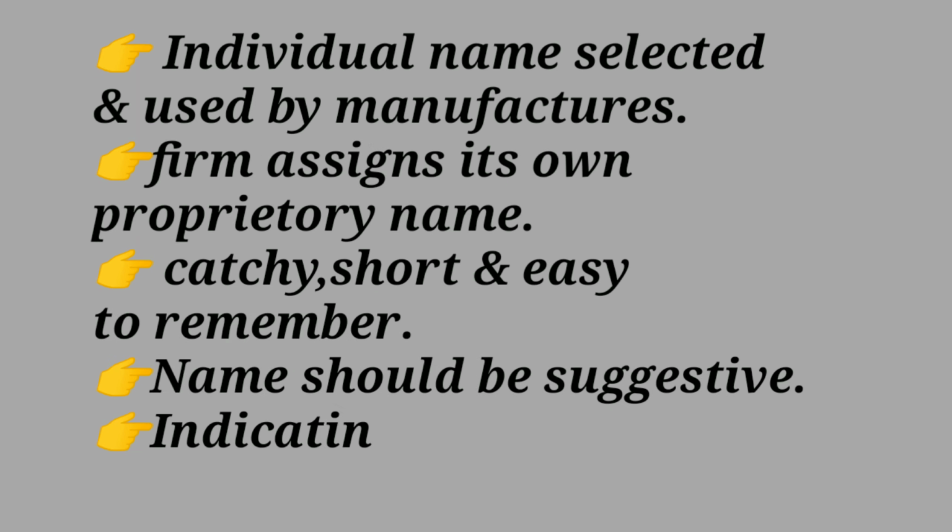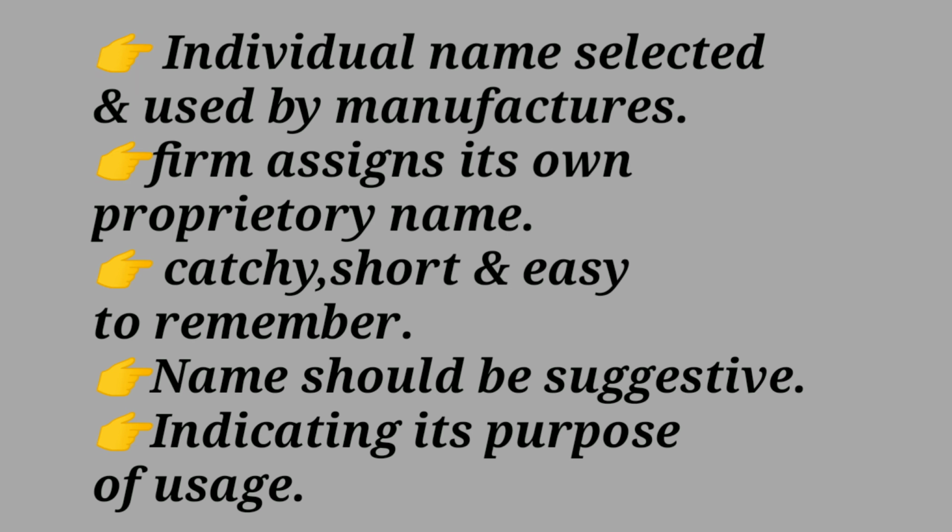If a drug is manufactured by more than one company, as frequently happens, each firm assigns its own proprietary name. It should be written such that the first letter of each word of the name is capital. The trade name should be catchy, short and easy to remember, and suggestive, indicating for what purpose it is to be used.